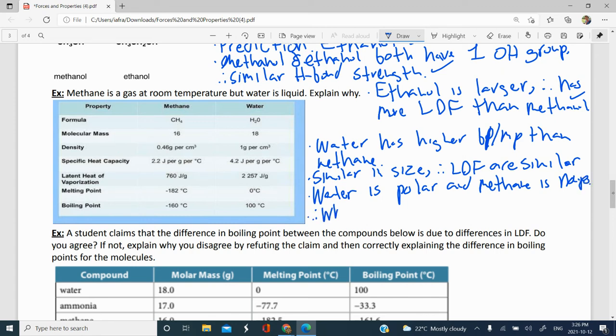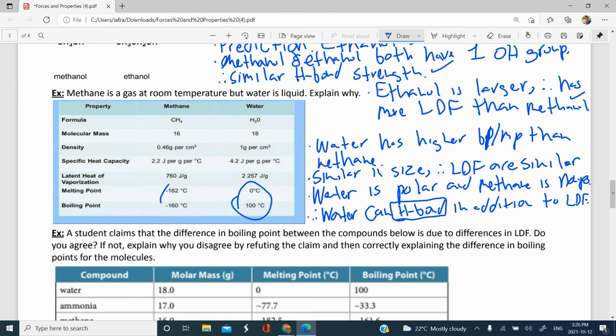Therefore, water can hydrogen bond in addition to LDF. But it's this hydrogen bond that really is responsible for this difference that we see here. It's not so much the LDF because they're very similar in size. 16 versus 18 is not a big difference.